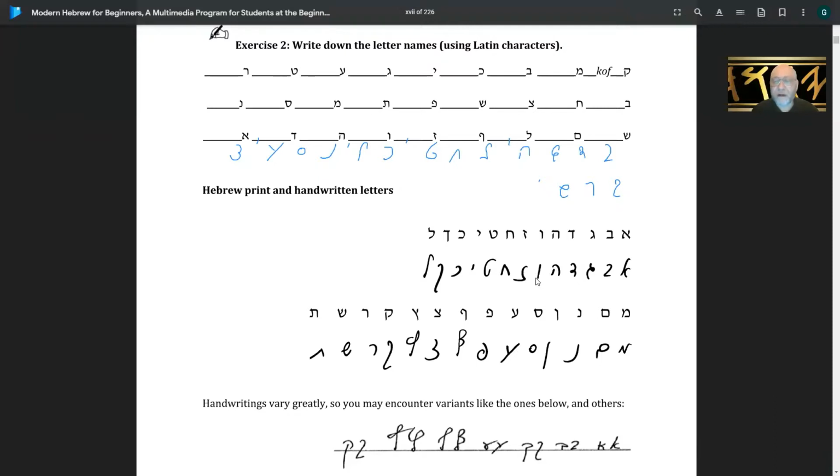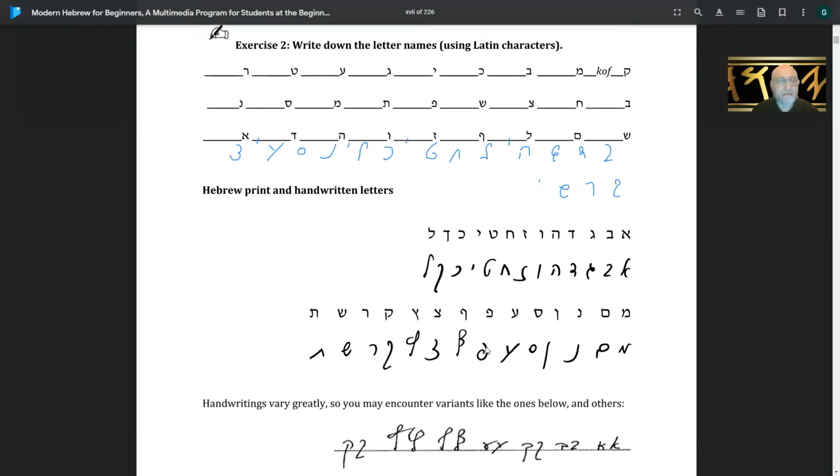Okay, let's look down here, see if there's any other issues. Mem, Vav, they did that. Samek, Chet, Tet, yeah, we got that okay. Yod, Chaf, Lamed, okay, we got the Lamed. They did the Mem, and the Noon looks like a J, we got that one. We go to Samek, yes, we got that.